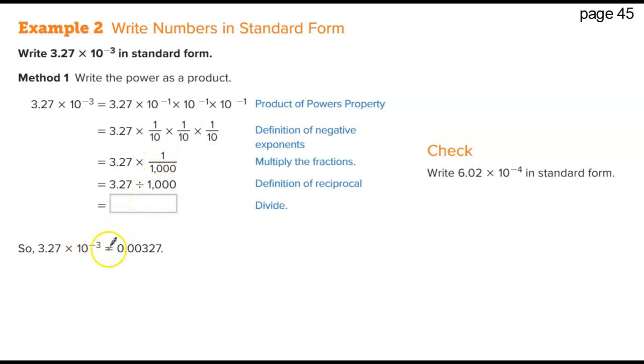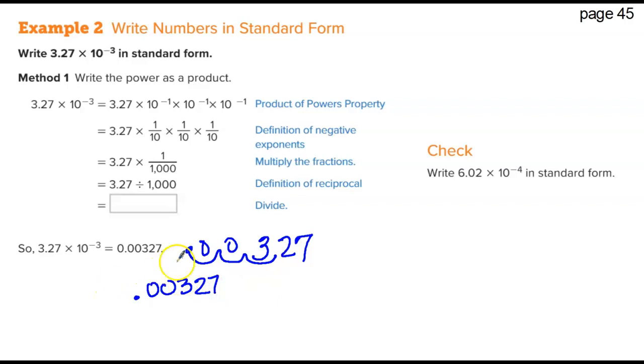So let's just go down here to the -3, which means move the decimal 3 places to the left. So if I start with 3.27 and I move the decimal 1, 2, 3 places to the left, fill in dippies with 0, I get 0.00327. And that's obviously what they got too.